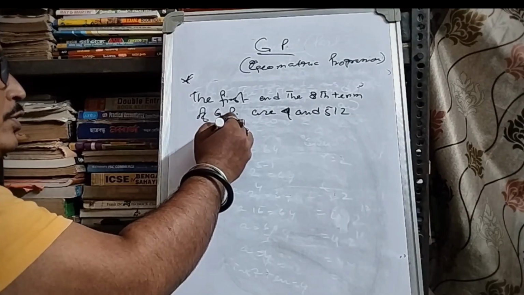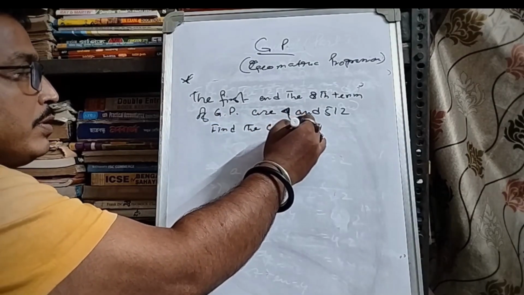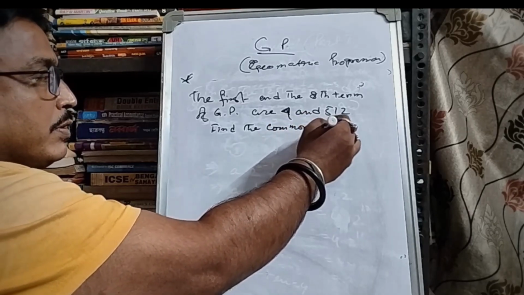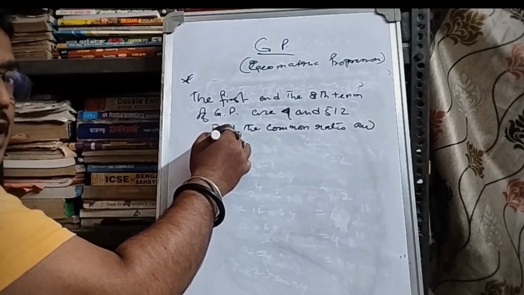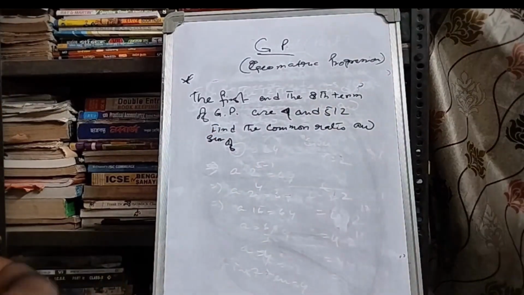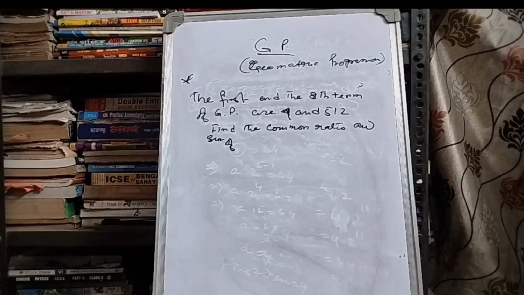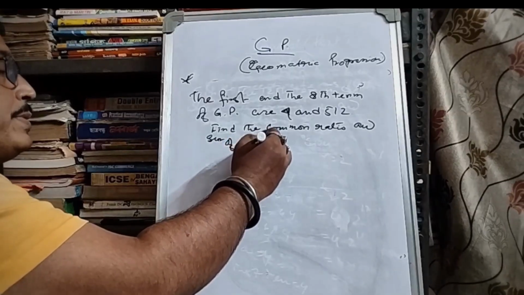Find the common ratio and the sum of the first 5 terms.